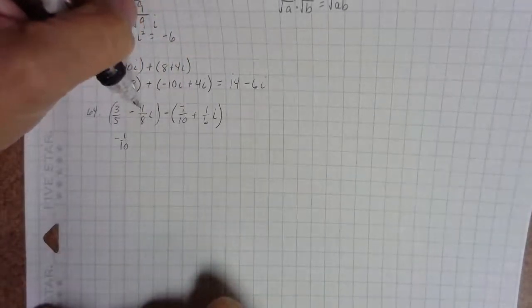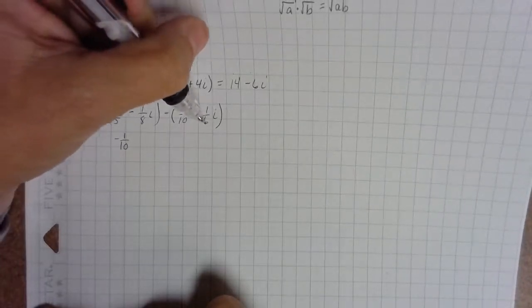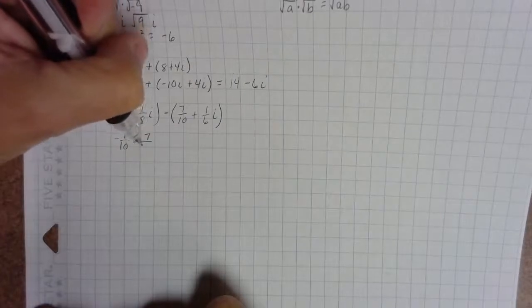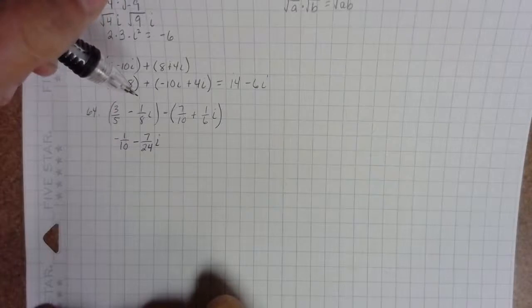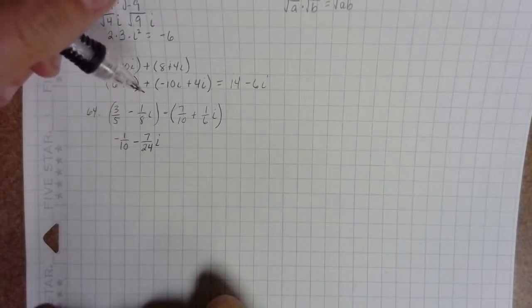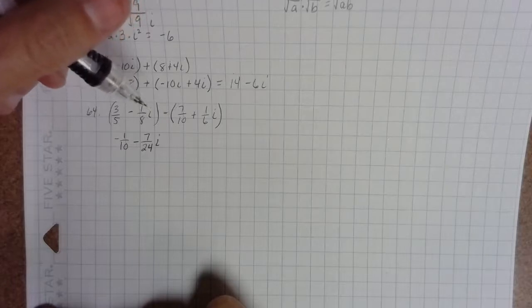So you've got -3/24 minus 4/24, so we get -7/24, and they're still i's. Just like an apple plus an apple is apples, an i plus another i is just a different number of i's, but they're still i's.